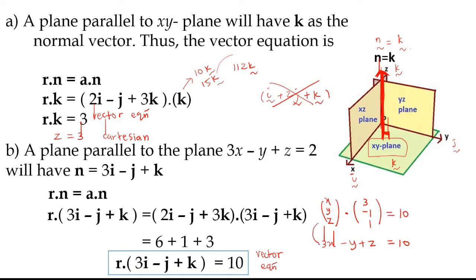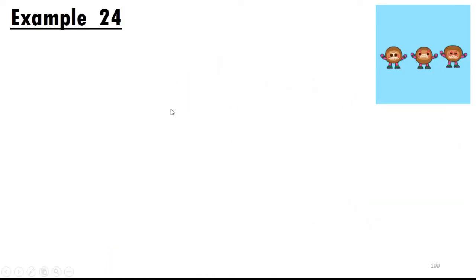So, kita dapat benda ni. Okay, sama dengan yang atas ni tadi. Kita buat (x, y, z), awak dotkan dengan (0, 0, 1) sama dengan 3. Sebab tu saya dapat Z equal to 3 untuk Cartesian equation dia. Okay, so settle that one.